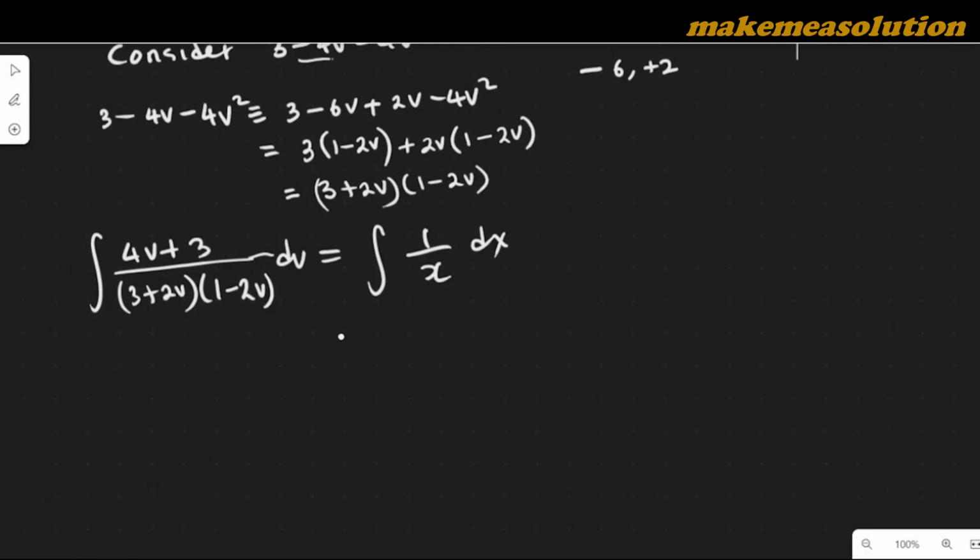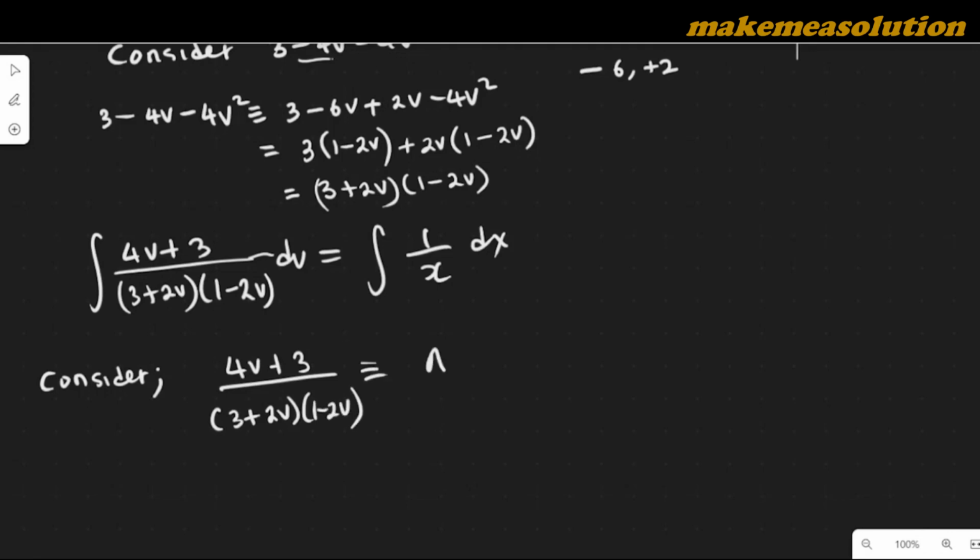Now if we consider the left hand side, we also need to consider the fraction in the left hand side, because definitely this is going to be integration by what? Partial fractions. So this corresponds to A over (3 plus 2v), then plus B over (1 minus 2v).